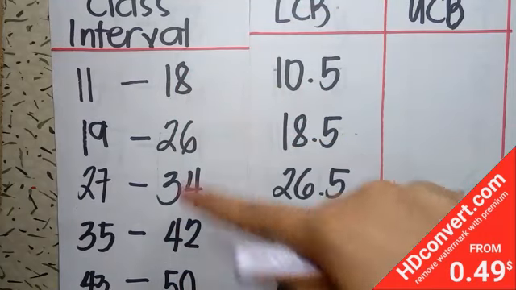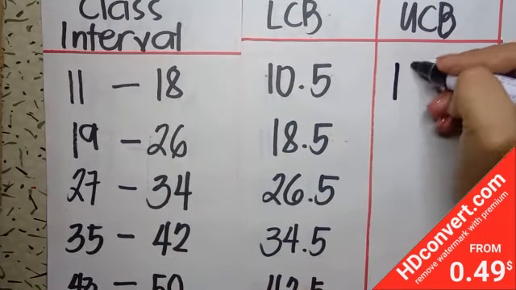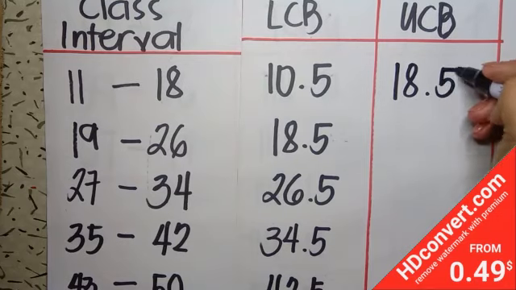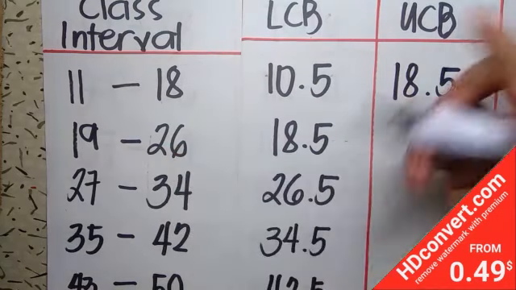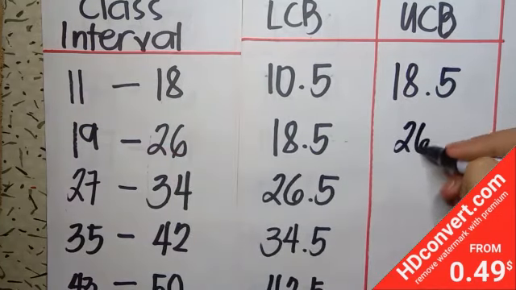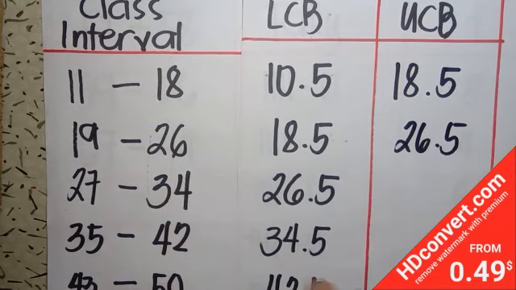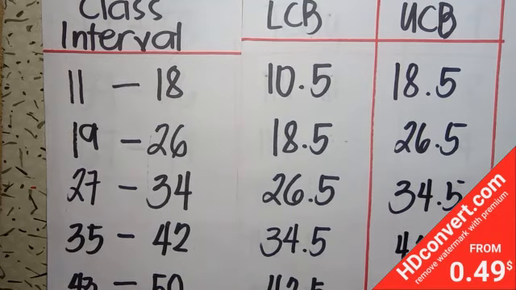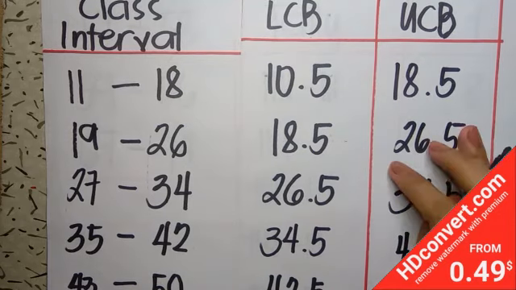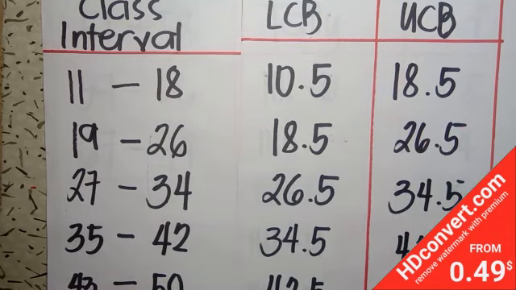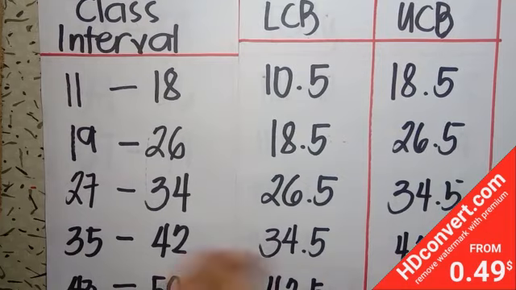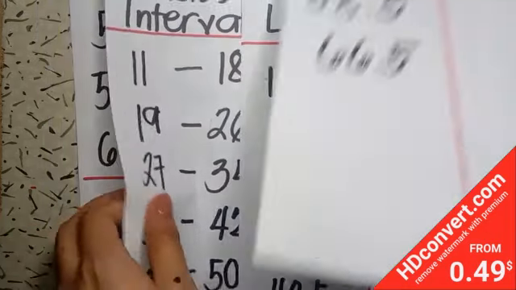So, 18 plus 0.5, 18.5. 26 plus 0.5, 26.5. 34 plus 0.5, 34.5. 42 plus 0.5, 42.5. 50 plus 0.5, 50.5.